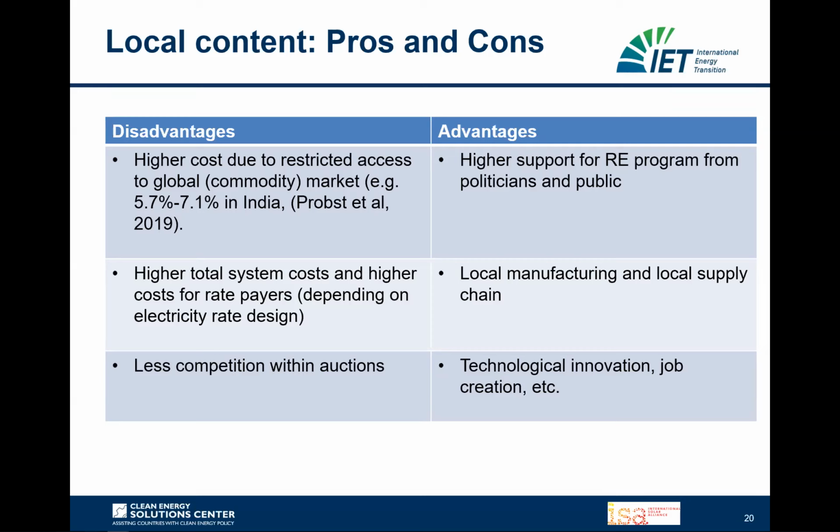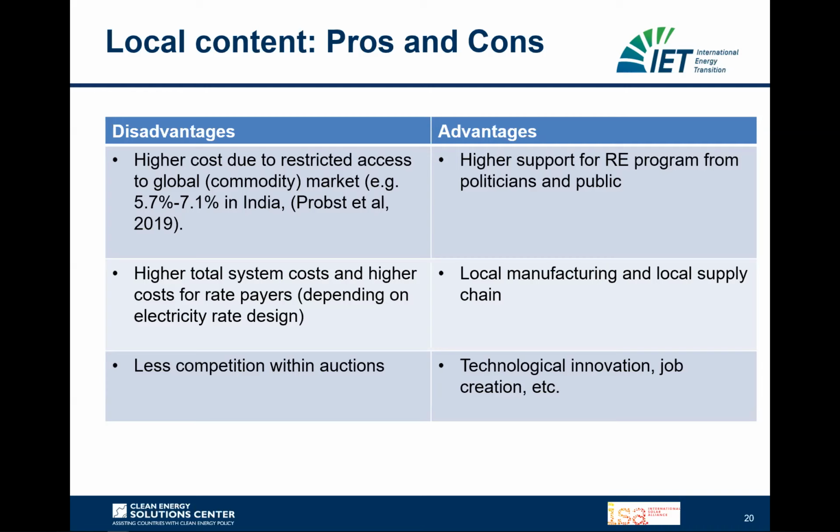There was an interesting study recently published by Probst et al. You also find this in the further reading list, where they analyzed local content requirements implemented in India, I think 2012 to 2016. They came up with interesting figures showing that the procurement of solar PV in this case was 5 to 7% higher than it would have been without any local content requirement.